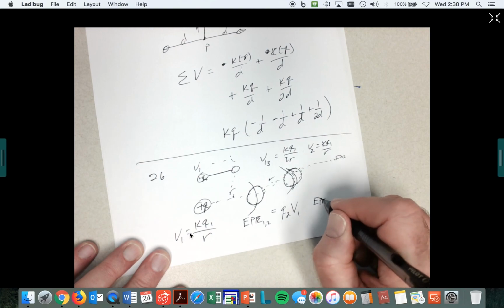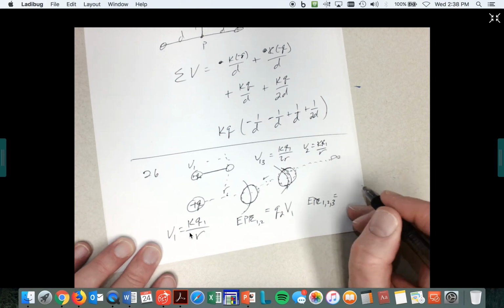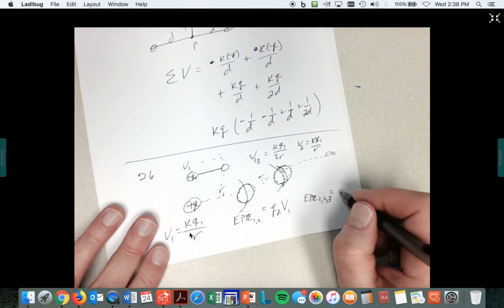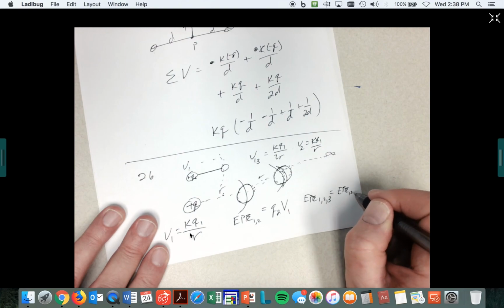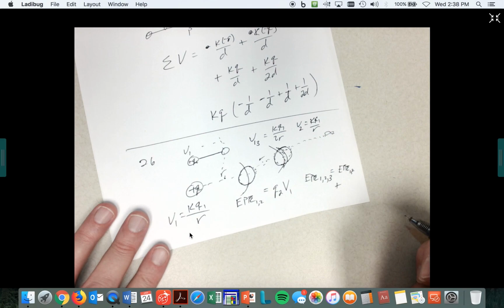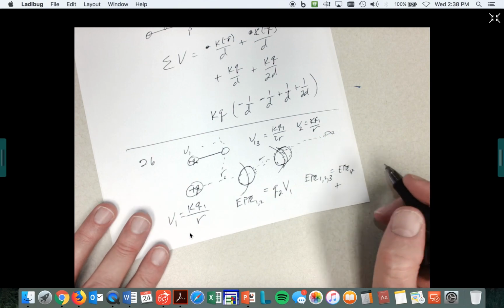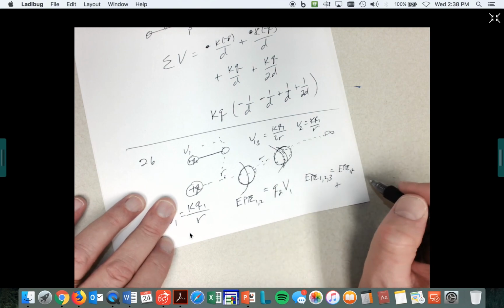So at this point, when I bring this guy in, the electric potential energy when I bring in all of 1, 2, and 3 is going to equal the electric potential energy of 1 and 2 plus the electric potential energy of 3.